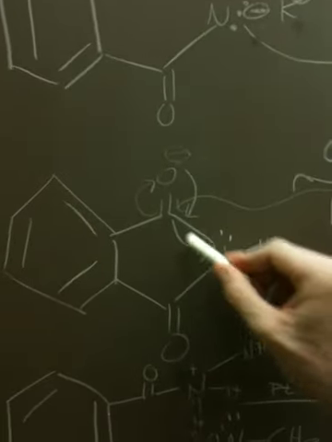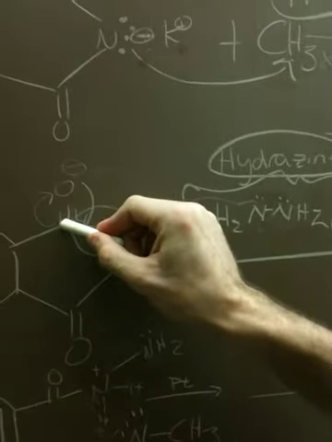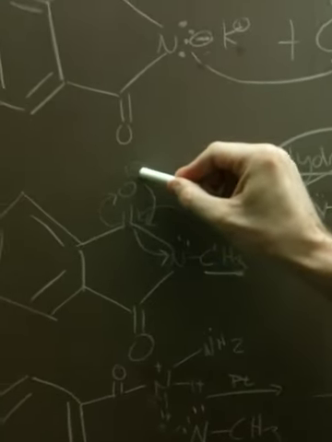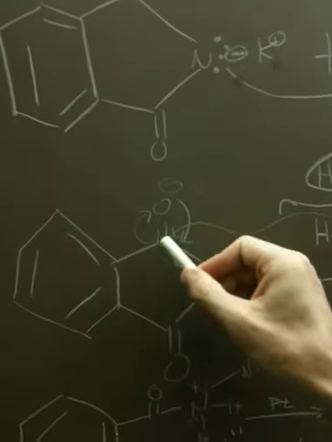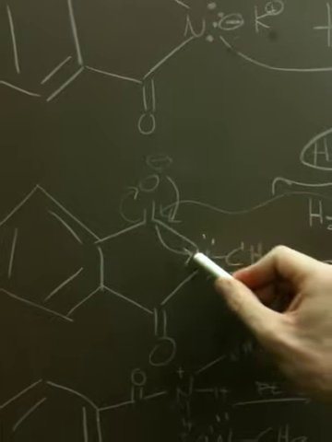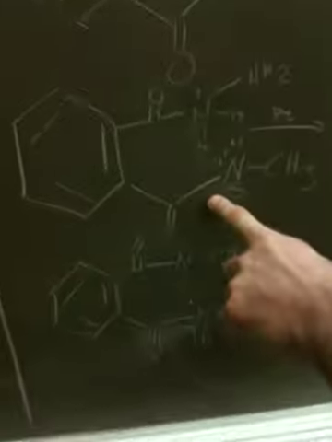So hydrazine comes, attacks the double bond O, electrons go up, electrons come back down. When it comes back down, carbon can't have 5 bonds, so it kicks off this right here, opens up the ring. Now we're at the opened up ring part.